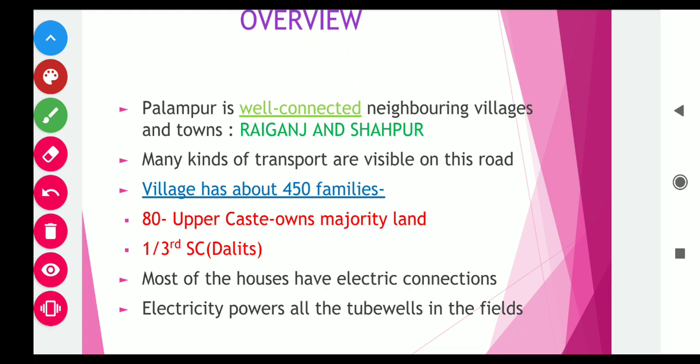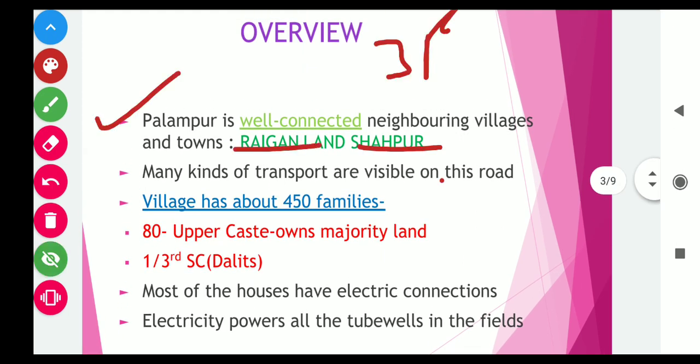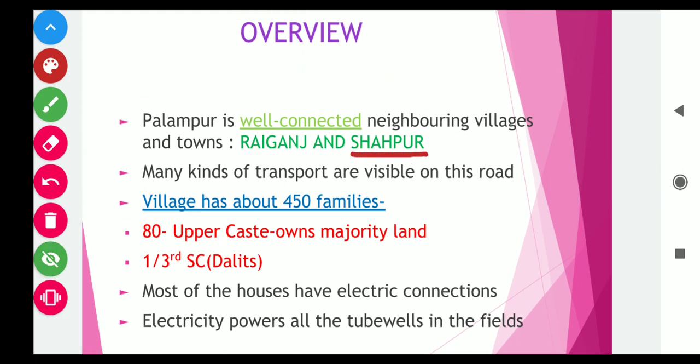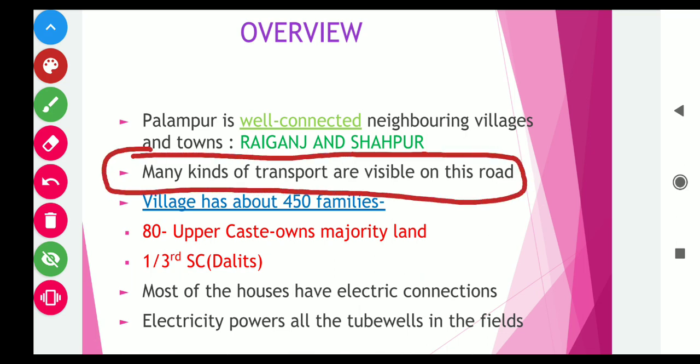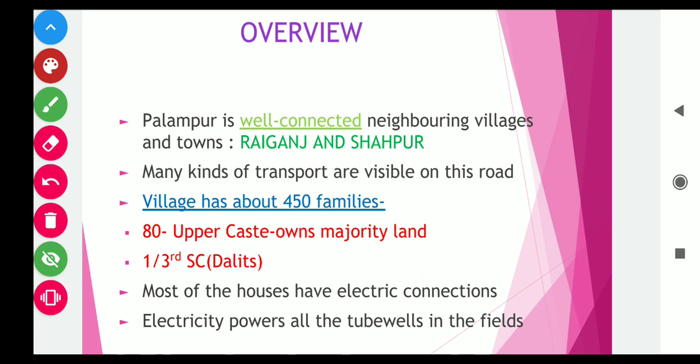Then the nearest town Shapur is also well connected to Palampur. Many kinds of transport are visible on this road, like bullock carts, tongas, trucks, motor vehicle, jeeps, tractors are seen on this road.